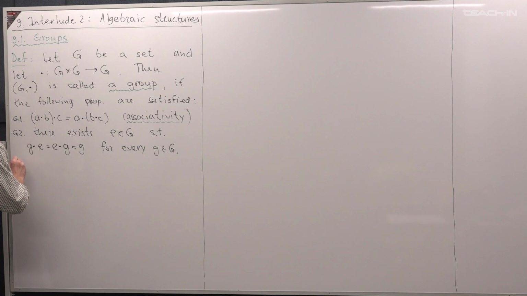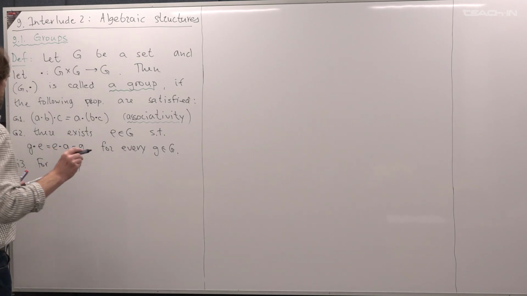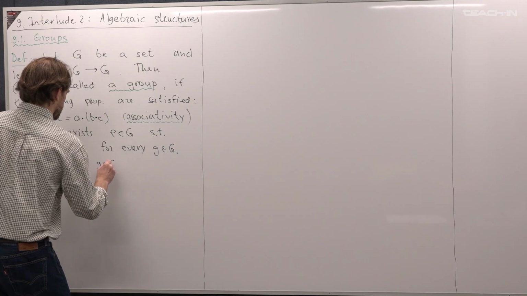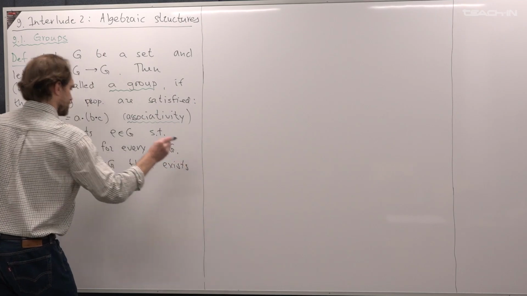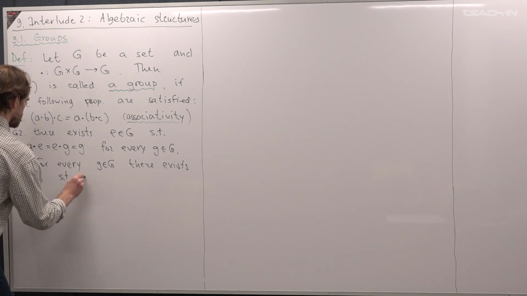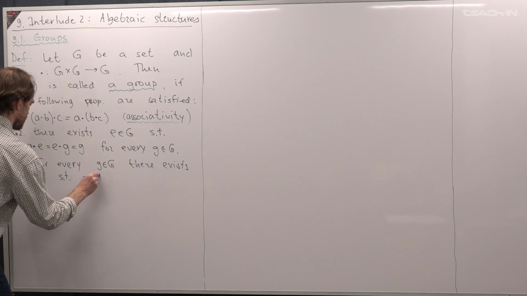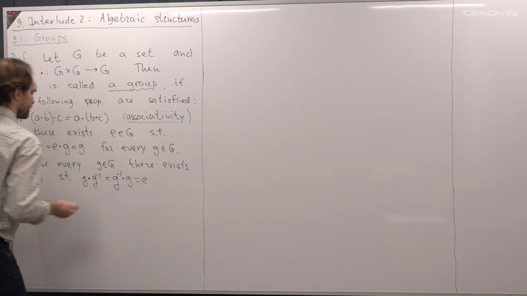And G3: for every g from G, there exists an element g to the minus 1, it is just a notation, such that g · g^-1 equals g^-1 · g equals e.